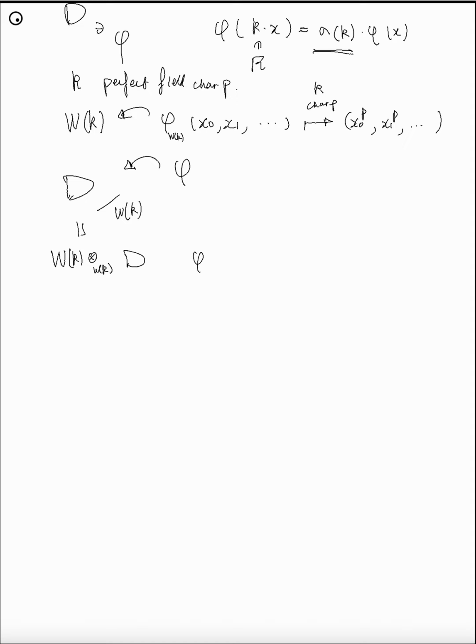When you act on lambda in W(k) and some element x in D, this is defined to be Frobenius of W(k) acting on lambda and then Frobenius of x. You fix the basis of it, and then you could define using a matrix. But you cannot use matrix multiplication to really describe this operator phi, because this is not a linear transformation. It's not linear, it's semi-linear.